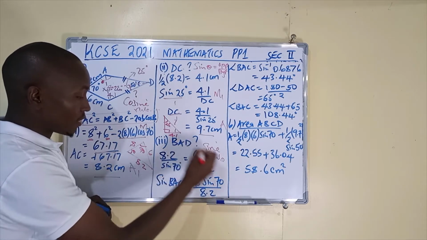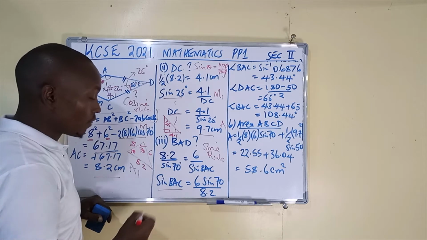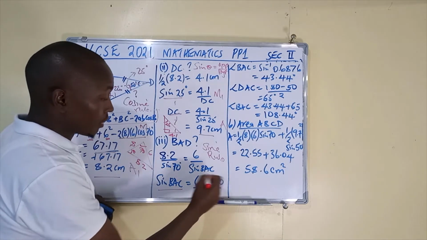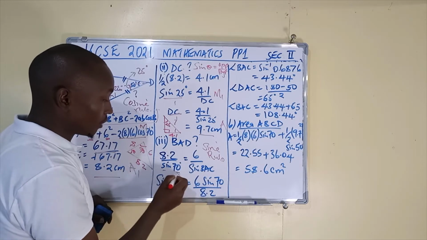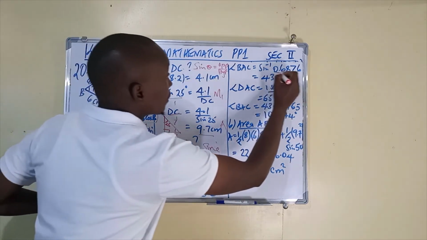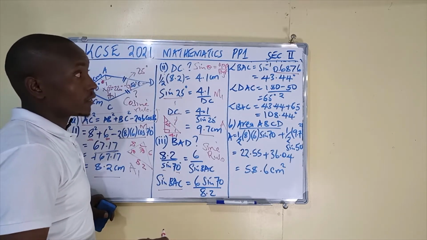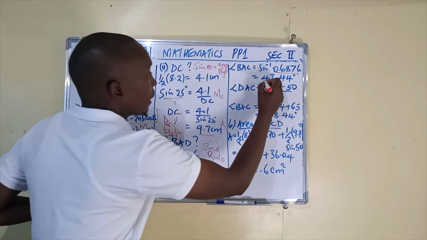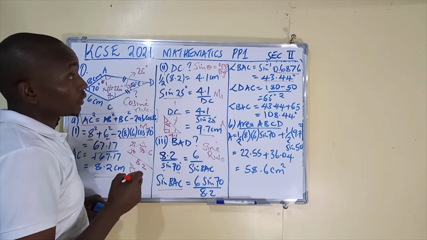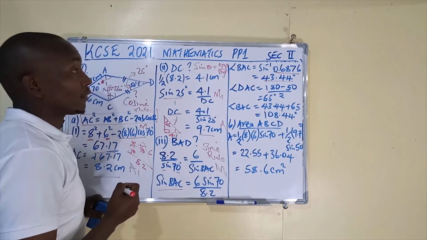So once I have this, I can just do the cross multiplication, and I find the sine of BAC is, as given, 6 times sine 70 divided by 8.2. Having done that, I get a ratio there. So I only need to find the sine inverse of this ratio, and I get the angle there is 43.44. Remember, if a student is able to relate this, 1 mark there.